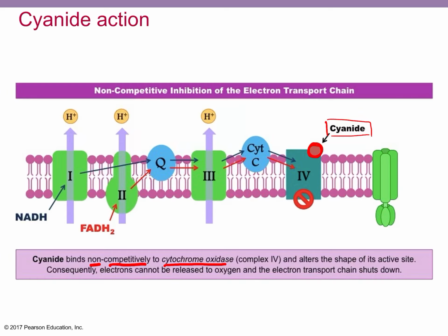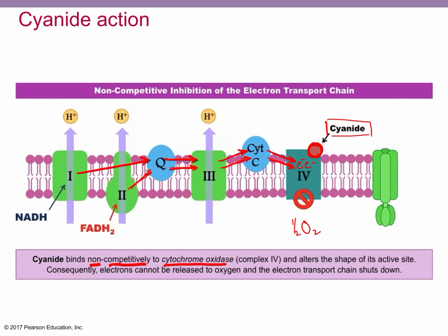So therefore, you see these arrows. These are the arrows where the electrons are going to get shuttled. But what happens is when the electrons reach this complex 4, if cyanide is present, it does not allow the electrons to be released to oxygen. So you can have your oxygen atom sitting right there, but the electrons cannot get past to oxygen.